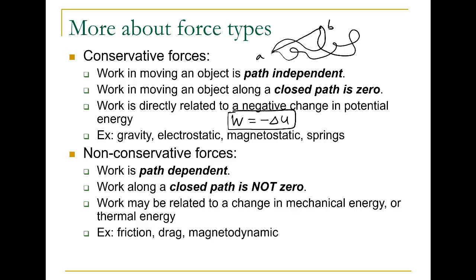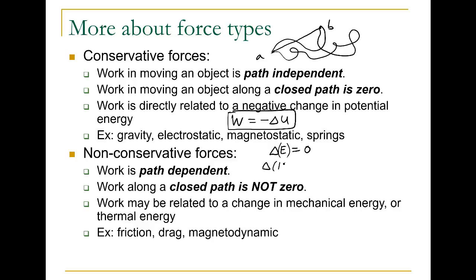So, just to go back to our thoughts a moment ago, with work being equal to negative change in potential, imagine that we have a system where there's no total change in energy. Total change in energy is 0. Well, energy, at least mechanical energy, is made up of potential and kinetic.